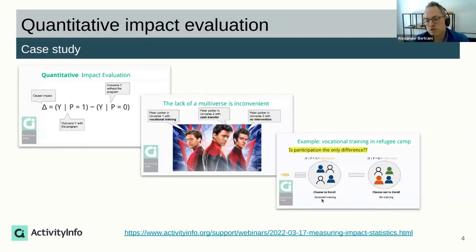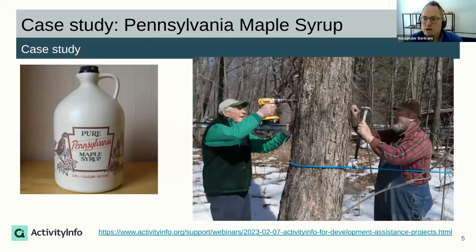So we're going to choose the simple scenario, which is really looking at before and after surveys. And to do that, we're going to use one of my favorite case studies that we use at ActivityInfo. This is our development assistance database. It's an example drawn not from the global south, but from the global north, where I grew up in Pennsylvania.